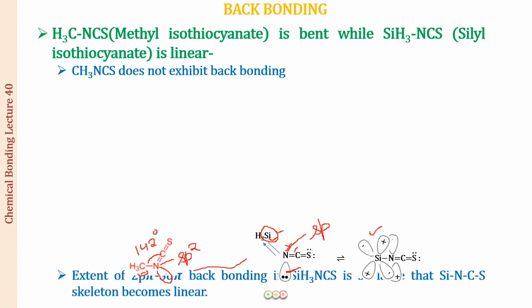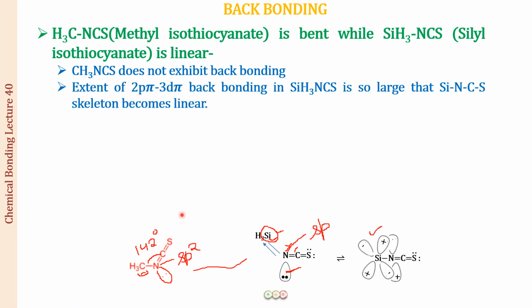Because of the high 2p pi 3d pi back bonding in silyl isothiocyanate, the silicon, nitrogen, carbon, sulfur skeleton becomes linear. Nitrogen is making a double bond, carbon is further making a double bond, so this is going to be a linear structure. I hope this is clear.